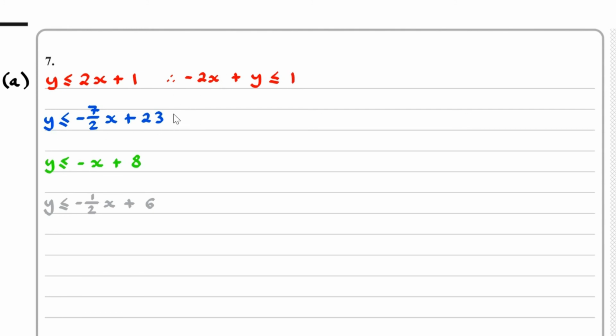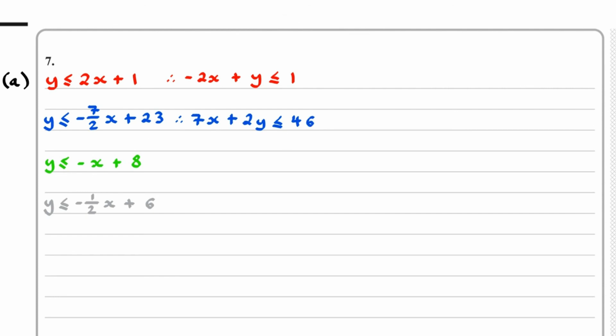If I take a look at the next inequality, if I also multiply by 2, we would have 7x plus 2y, which is less than or equal to 46.